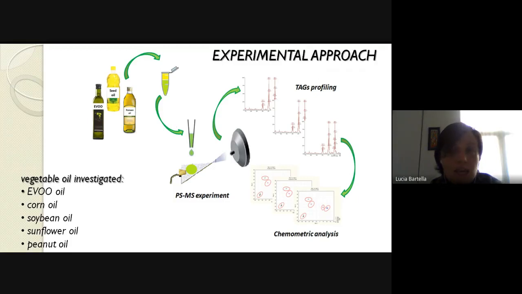This is the experimental approach, and each vegetable oil was mixed with ammonium acetate, and after the dissolution in acetone, the samples were directly analyzed by PSMS experiment.